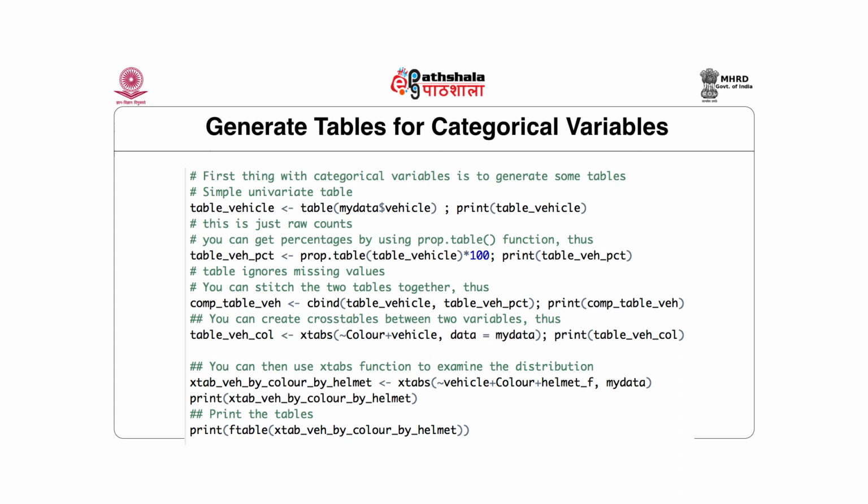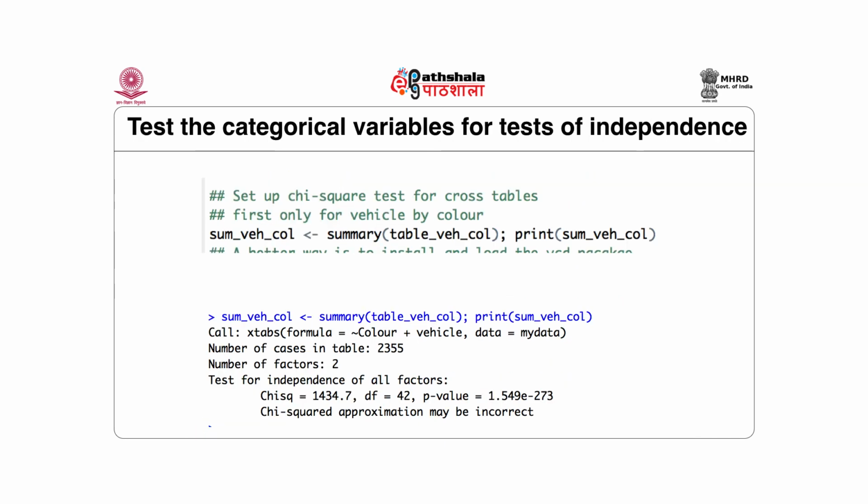What is also very important is that you can do a number of different things. One is, of course, that you can do some tests of independence, and the way to do that is to use a summary function, which will run a test of independence, in this particular case chi-square tests of independence.